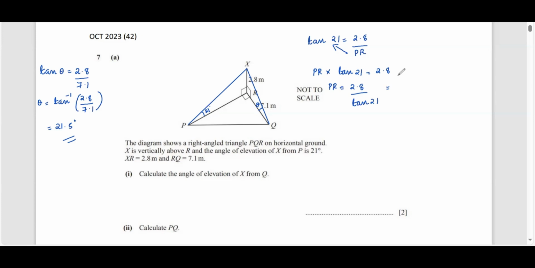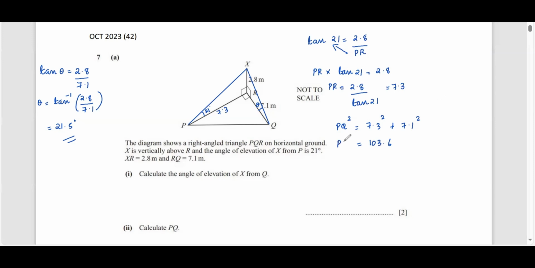So PR is 7.3. Now, the question was to find out PQ. So we use Pythagoras theorem. PQ square is equal to 7.3 square plus 7.1 square. When you put this in the calculator, you'll get it as 103.6.